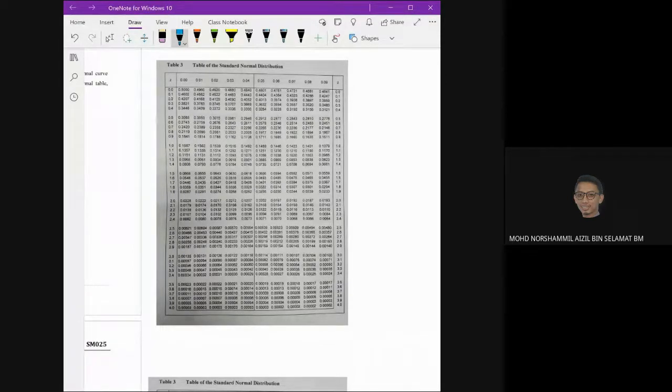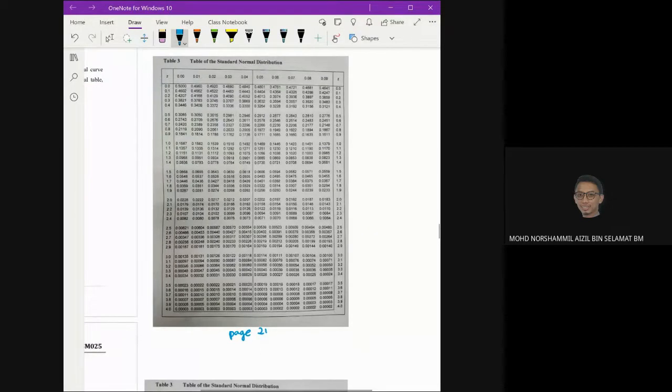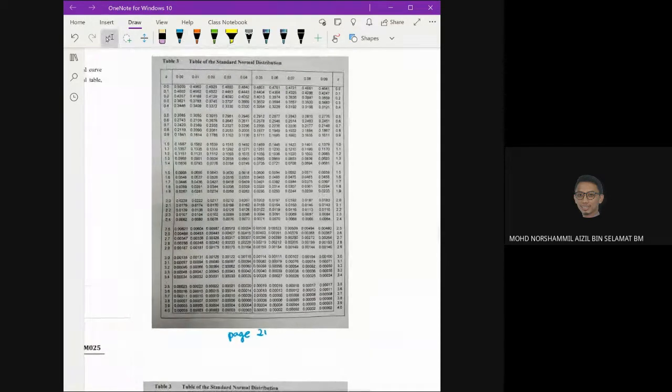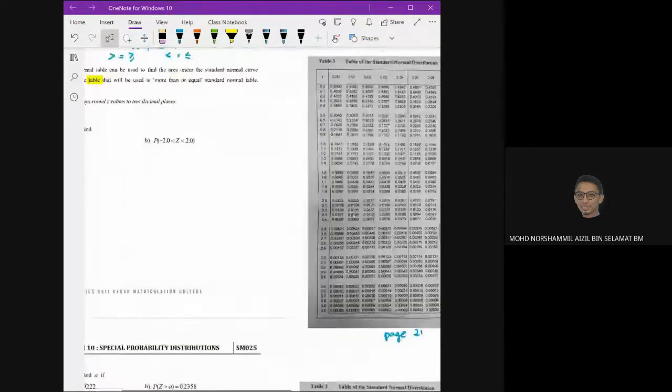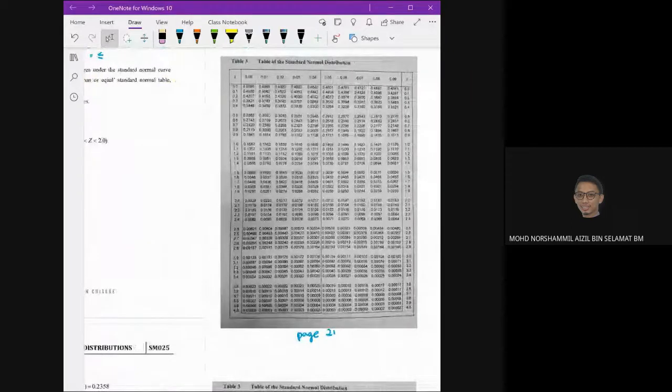Page 21. Okay, Fazli, thank you. By looking at your statistical table book, page 21, you can see that is the only table we use for normal distribution. Tapi ada satu lagi, nanti saya cerita rare cases. Mostly we solely focus on this table only.